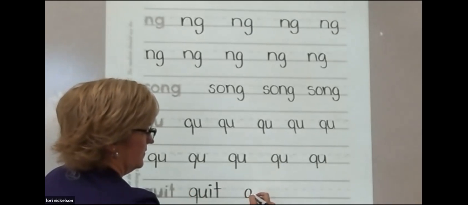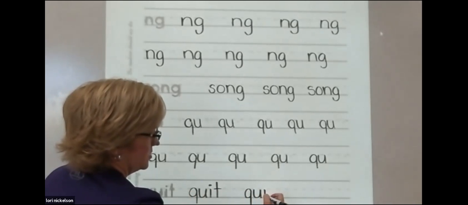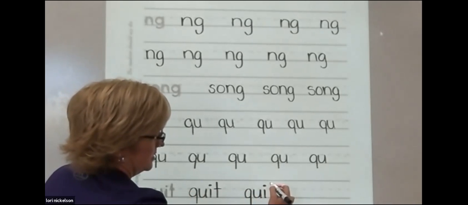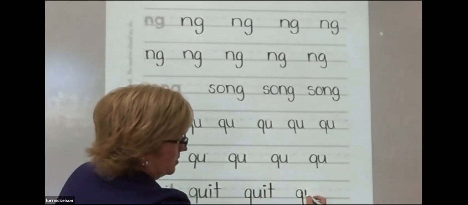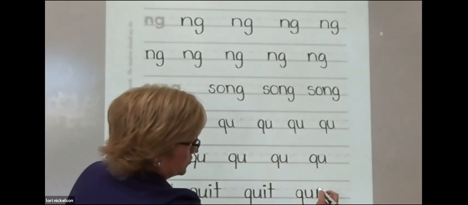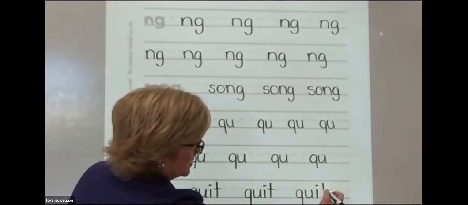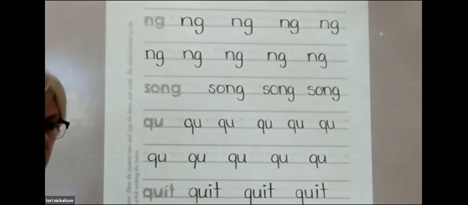Circle to the left, line down, cup with the short stick with a dot, a T that crosses there in the middle. The U is the cup with the line down, short stick with a dot, T, cross it, and you've got the word quit. Good job, guys.